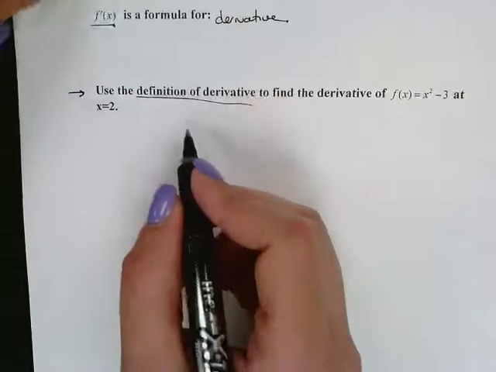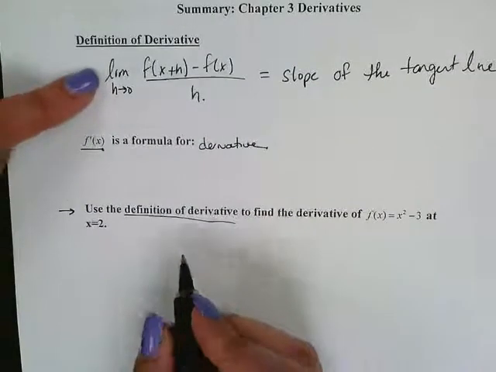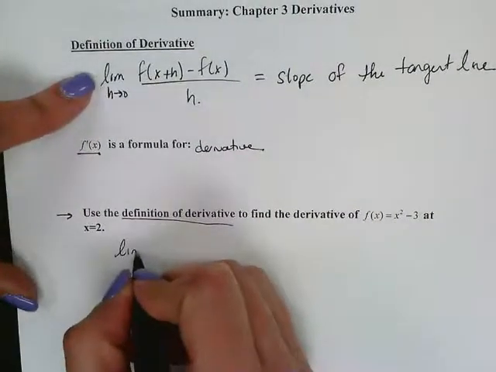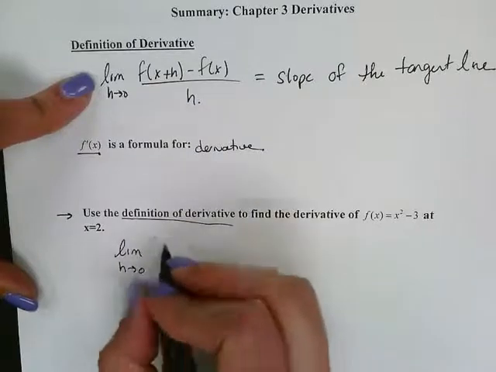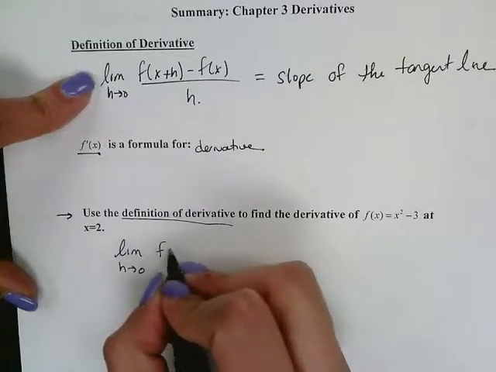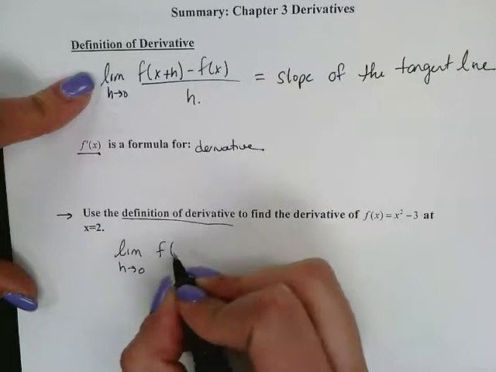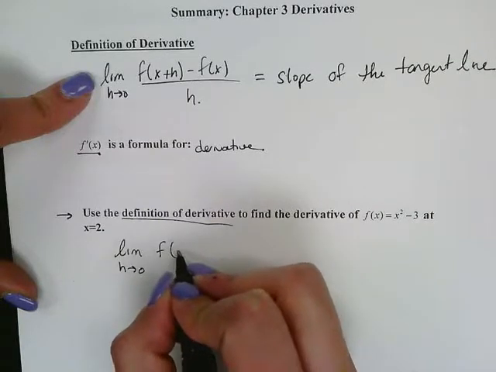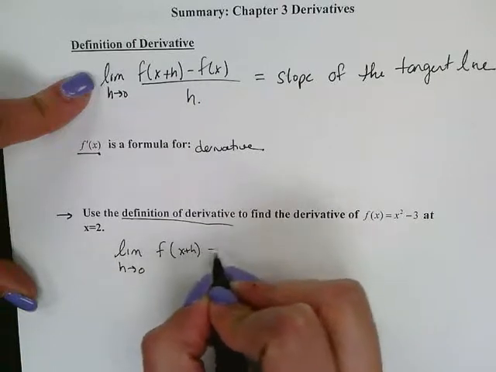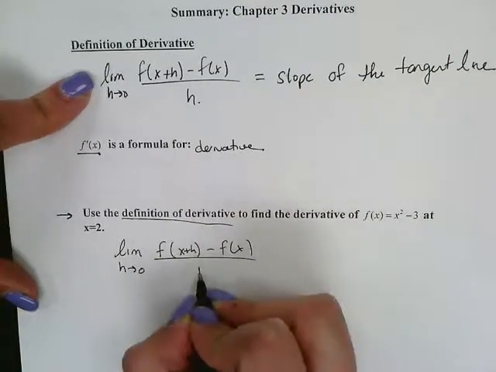So basically, just using that notation, the limit as h approaches 0 of f of x plus h over h.